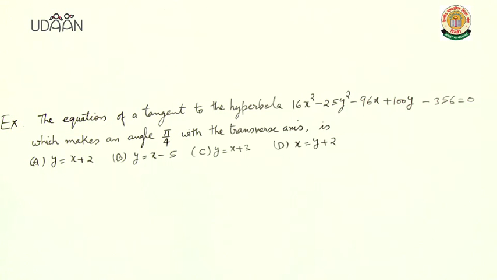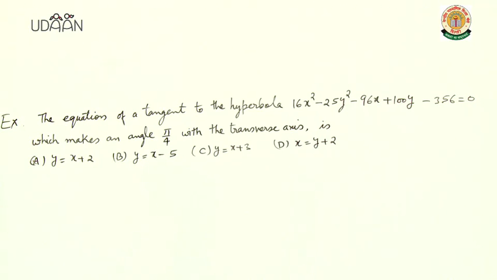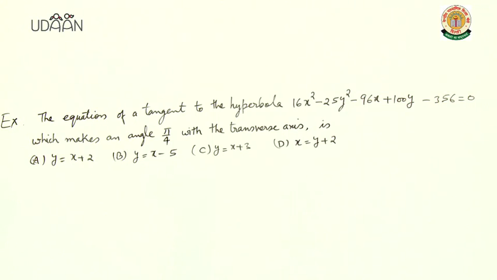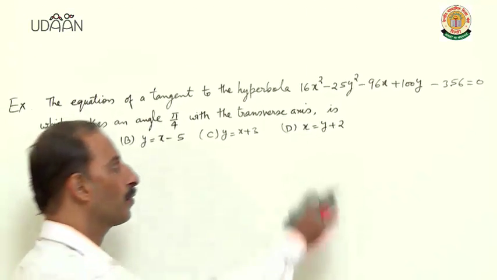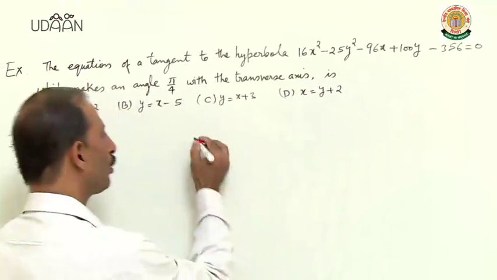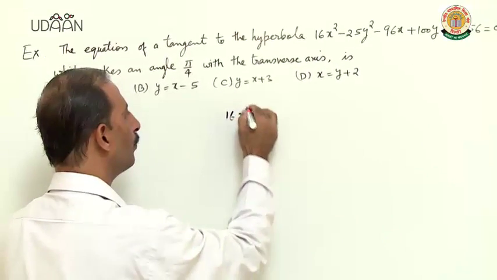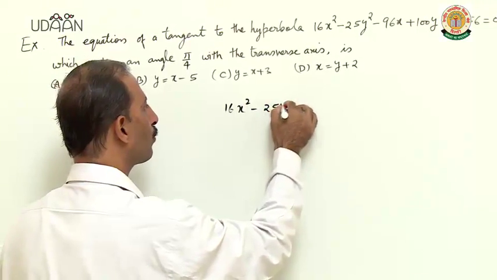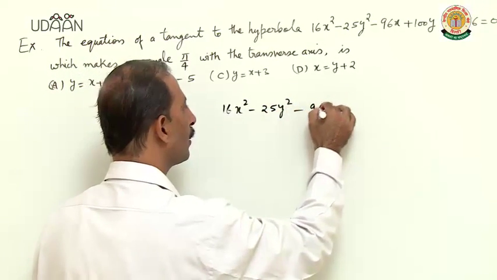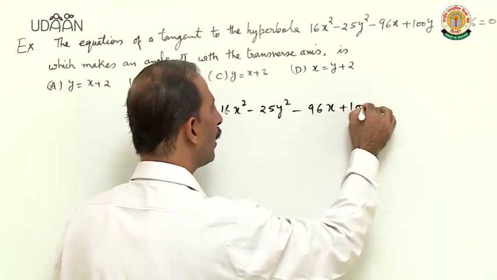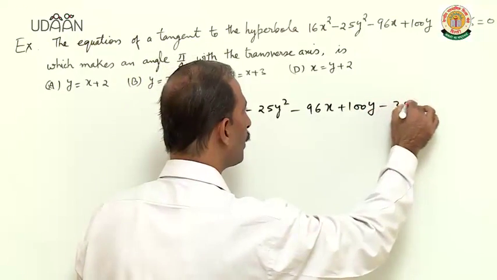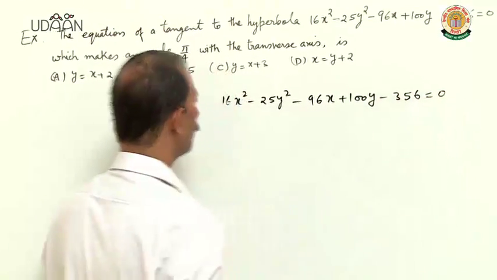The slope of tangent you can find because tangent makes an angle pi by 4 with the transverse axis. So first of all convert the given hyperbola into standard form: 16x square minus 25y square minus 96x plus 100y minus 356 equal to 0.